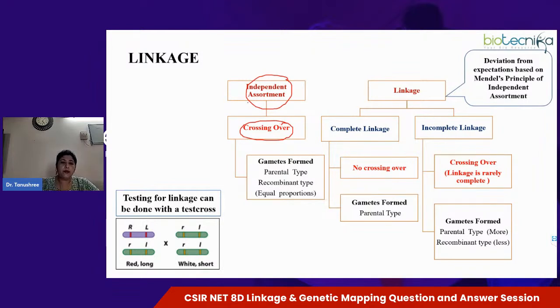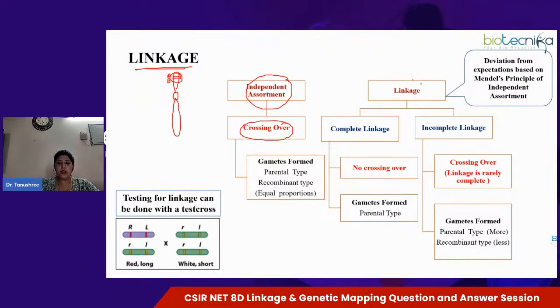Now, when we are talking about linkage, it means that when the genes are located very closely on the same chromosome and they are always inherited together, then we say that the genes are linked. That is, the chances of them undergoing crossing over are very low because they are very closely located on the chromosome. So it becomes very difficult for any physical exchange to occur between these two genes, right? So they are always inherited together.